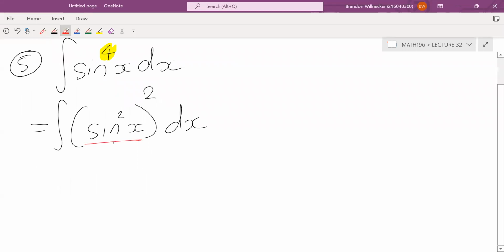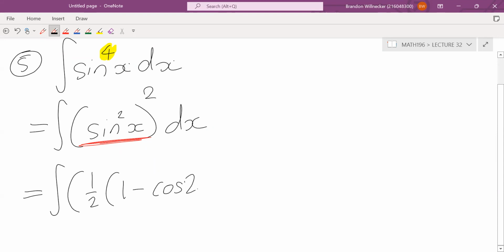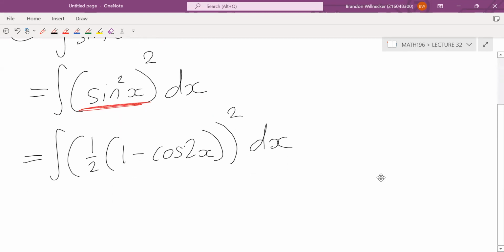Why? Because this inside part, we know how to deal with that. This is going to be the integral of 1/2 1 minus cos 2x. We've just seen that. But all of this is squared. Okay, so we need to try and handle that now.